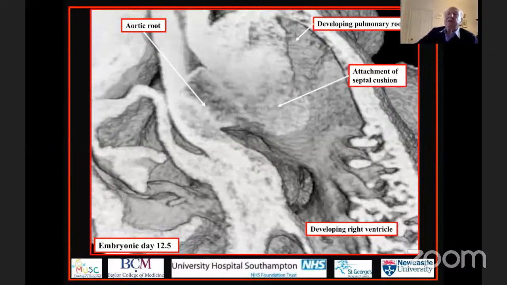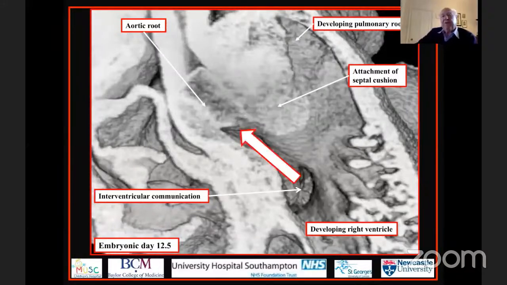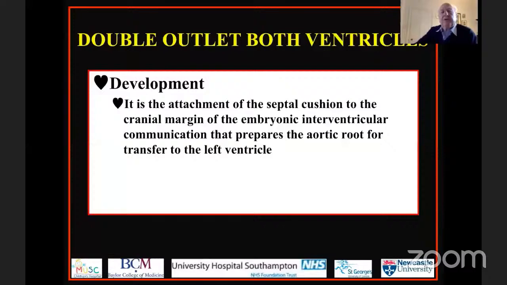But what you can also see is that the septal cushion is attached at the cranial margin of the interventricular communication. And it is this attachment of the outflow cushions to the cranial margin of the interventricular communication that commits the communication itself to the developing aortic root.